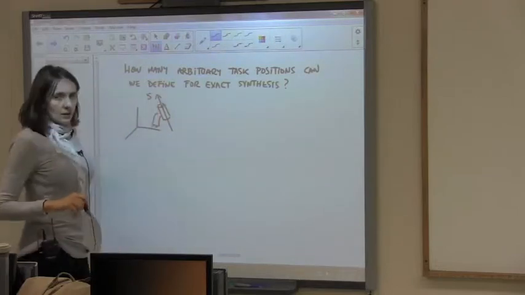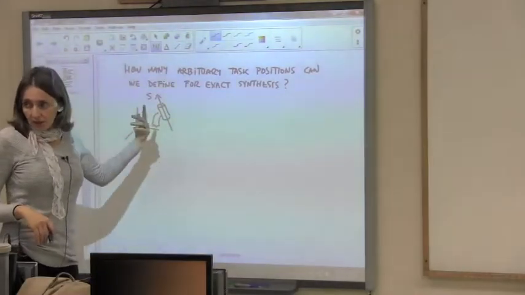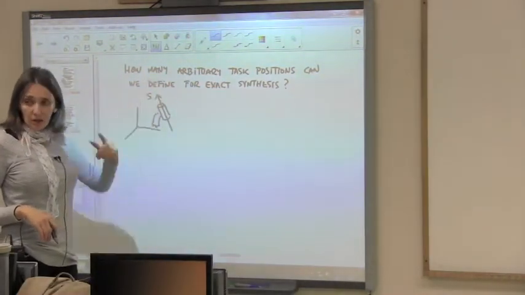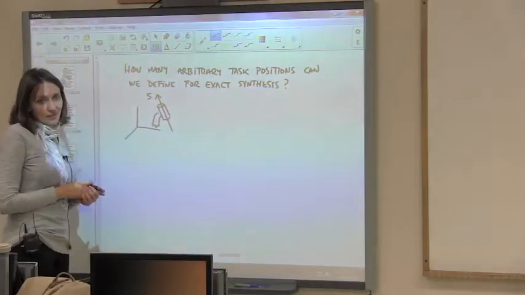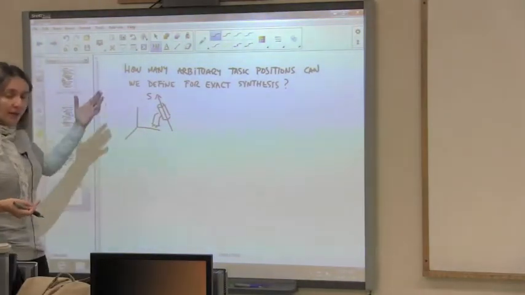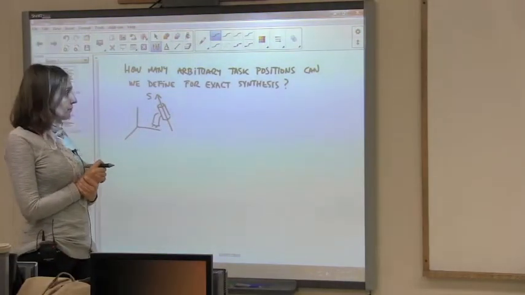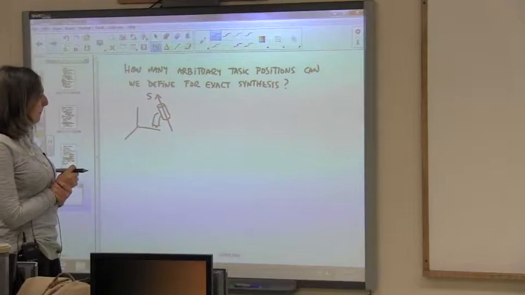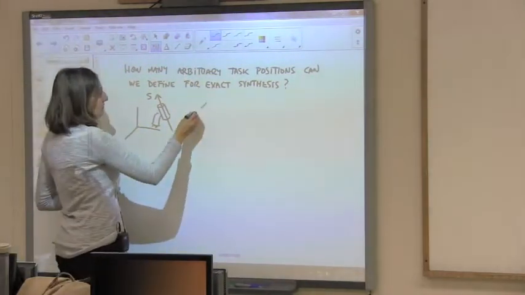If we define 10 positions, just arbitrarily oriented in space, is just a revolute joint going to be able to hit those exactly? Well, the answer is no, right? How many can we hit exactly with this? We can always hit one, right? Because imagine this is my first position.